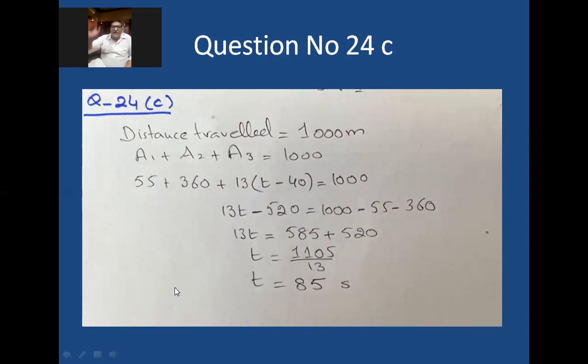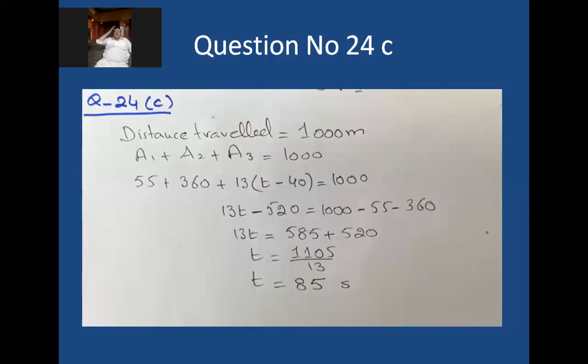Let me show you. The distance traveled should be 1000 meters. That will be area 1 plus area 2 plus area 3. Area 1 is the same, 55. Area 2, 360. Area 3, I know the height, that is 13, but the width, I don't know what the T value is, but that will be T minus 40.